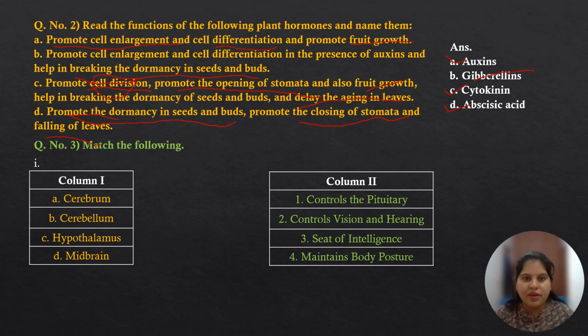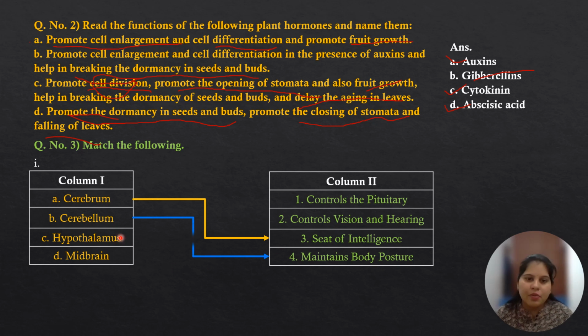Next question type is match the following. First, these are the parts of brain: cerebellum, hypothalamus, midbrain, and on the other side in column 2 functions are given. So cerebellum, it is the seat of intelligence, and it maintains the body posture.